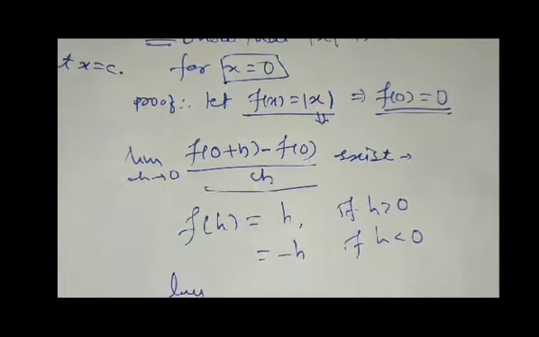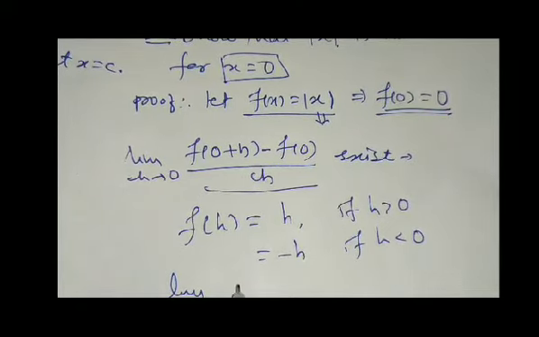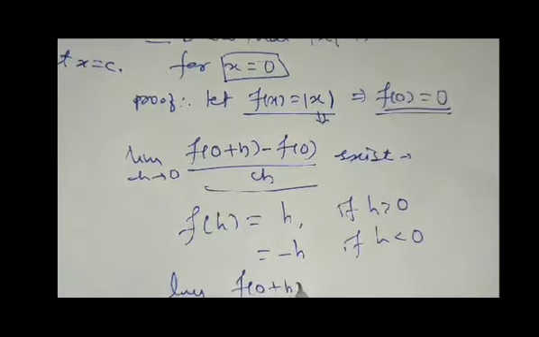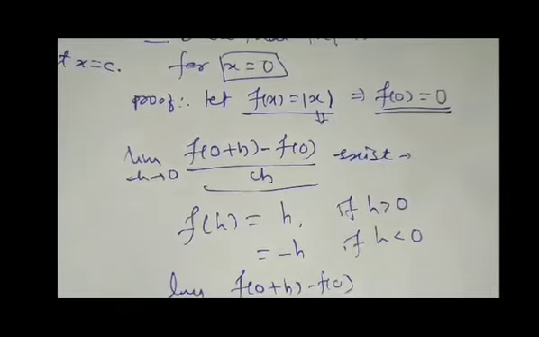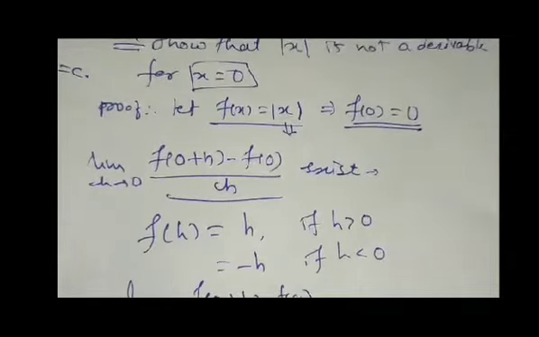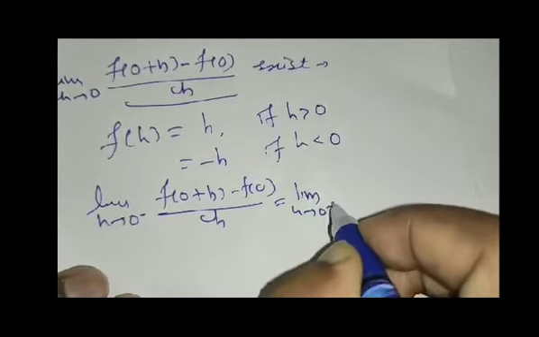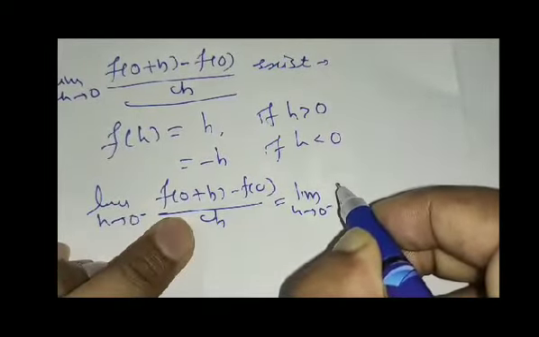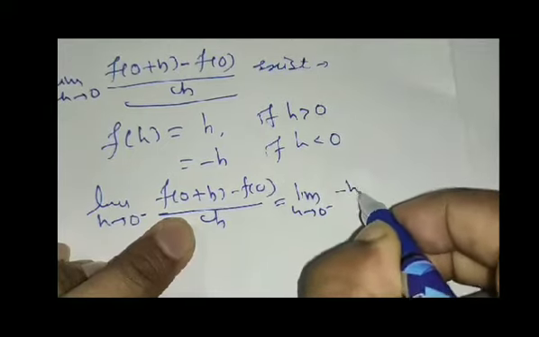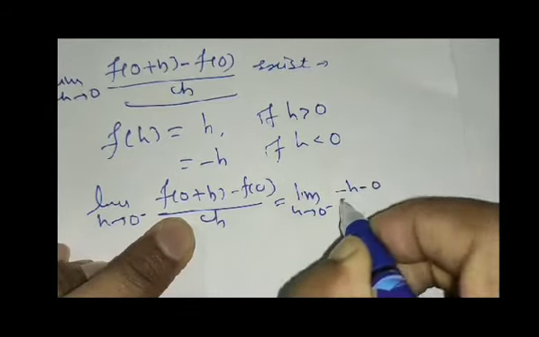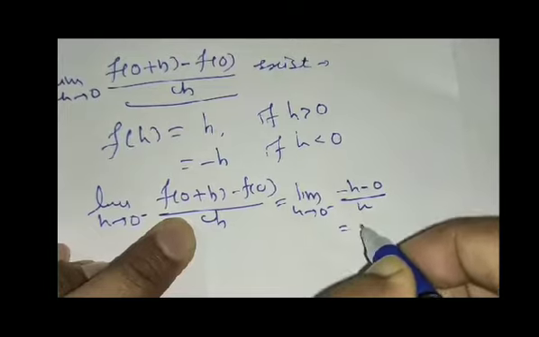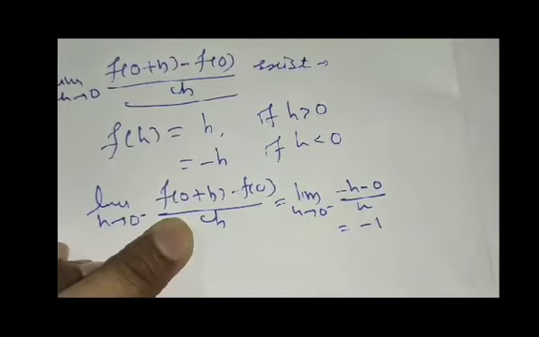So the left hand limit, that is limit h tends to 0 minus. The left hand limit is f of 0 plus h minus f of 0 divided by h, which is equal to limit h tends to 0 minus. What is f of 0 plus h? It is minus h minus 0 divided by h, so we get minus 1.